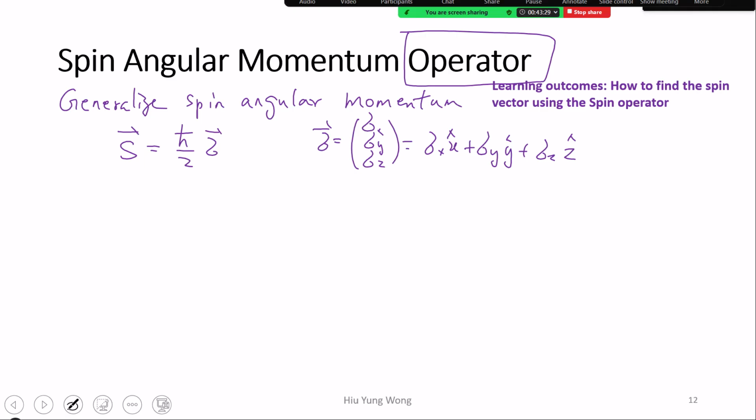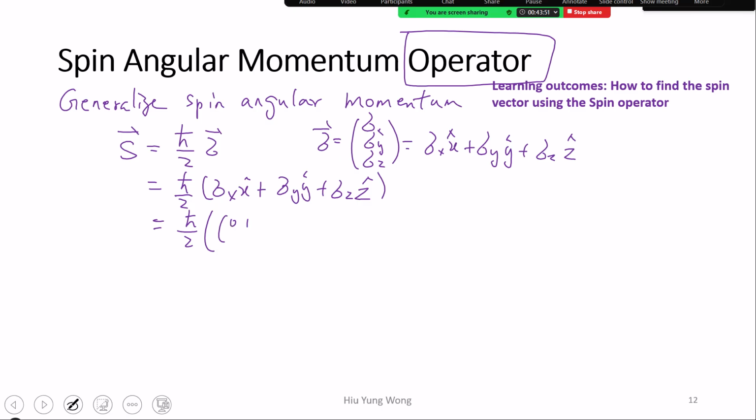It works. So if we try to spell out, this is h bar over 2 sigma x x-hat plus sigma y y-hat plus sigma z z-hat. I'm basically just repeating what we have said, and then I will just go through the exercise.